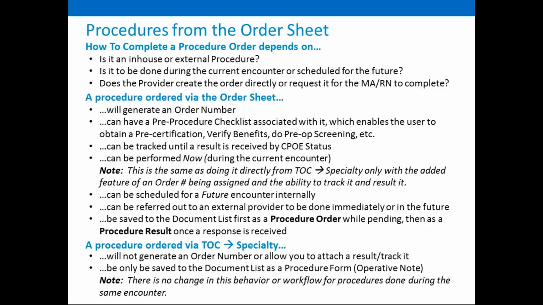That's the primary significance, because as you notice my bottom bullet point here, if you continue to do business as usual under your table of contents specialty, it does not generate an order number, you cannot track it, there's nothing to attach results to. So it only shows up on your document list as an operative note. You won't know if it's ever been resulted or not. So again, there's no change in that behavior.